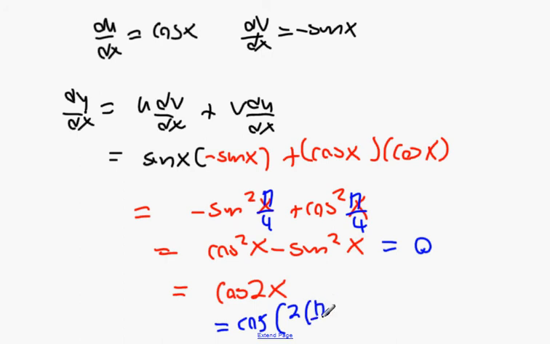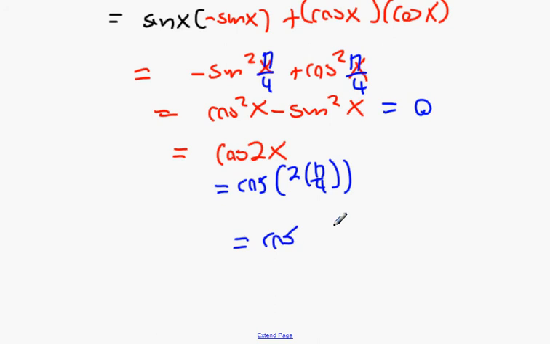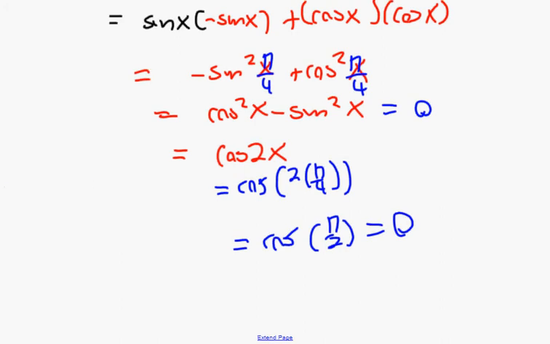What's 2 times pi over 4? Pi over 2. And cos pi over 2 is in your tables as 0 as well. Breaking it down made the calculator part a lot easier, but then again, you're risking an error as well. Okay, that's that one done.